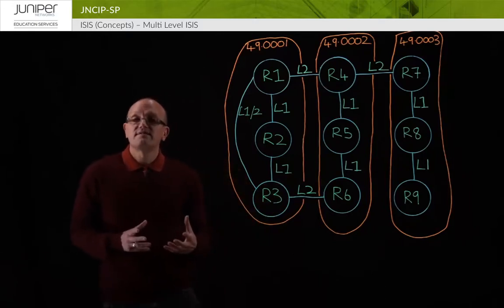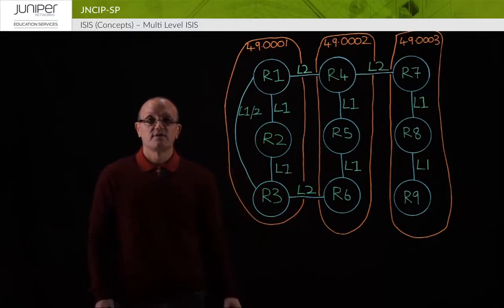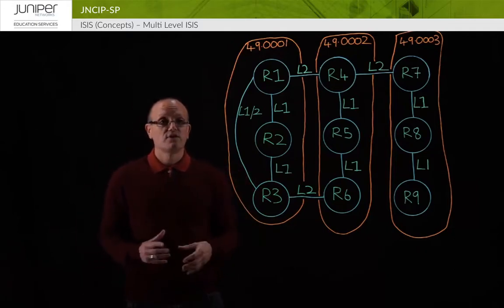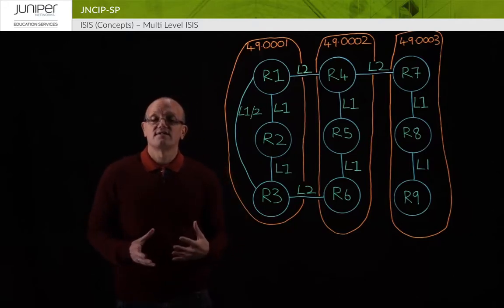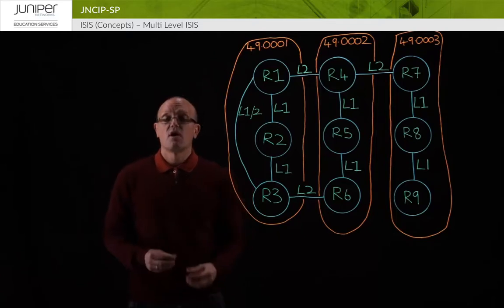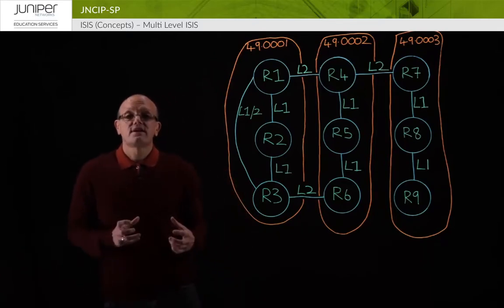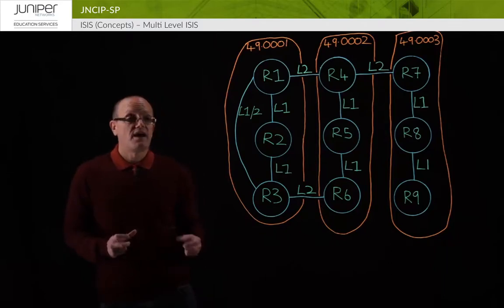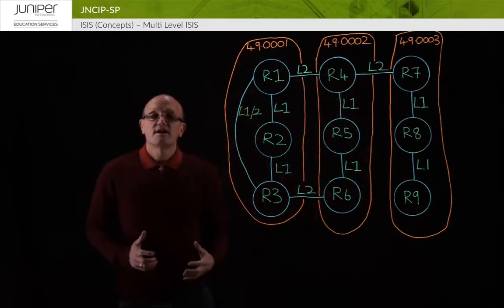This bit will then be set in any link state PDUs that he advertises, and he's telling the rest of the network to no longer use him as transit to get to any other destination. And this has the effect of removing traffic off that device where the attached bit is configured. In this section, we took a look at the various different components that are present in a multi-level hierarchical ISIS environment.